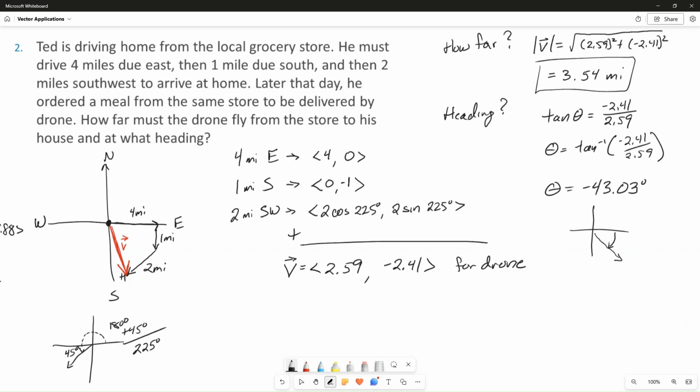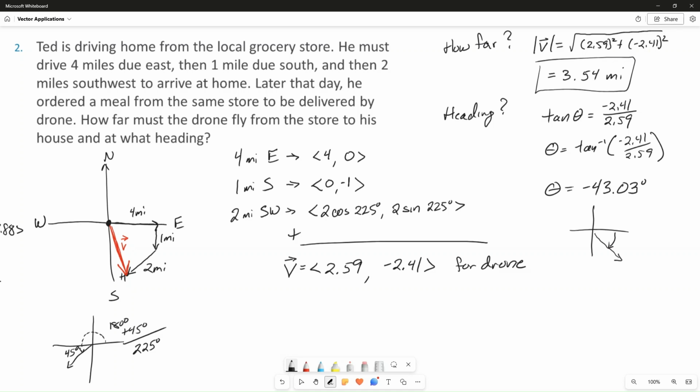Okay, and that should make sense. If you look at the vector for the drone, it has a positive horizontal component and a negative vertical component, so it is a vector pointing in the fourth quadrant. We just want to express this as a heading, not an angle in standard position.